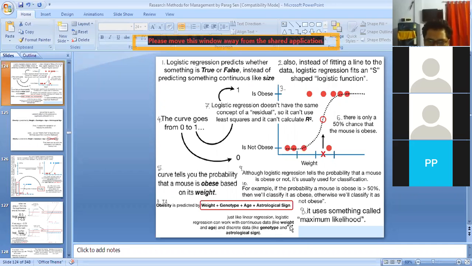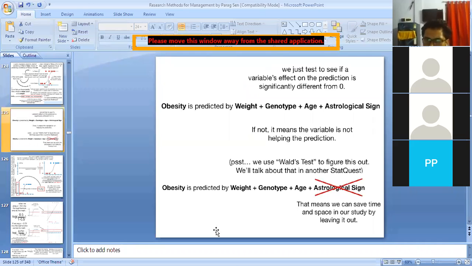For example, weight and age are continuous data, and genotype and astrological sign are discrete data.